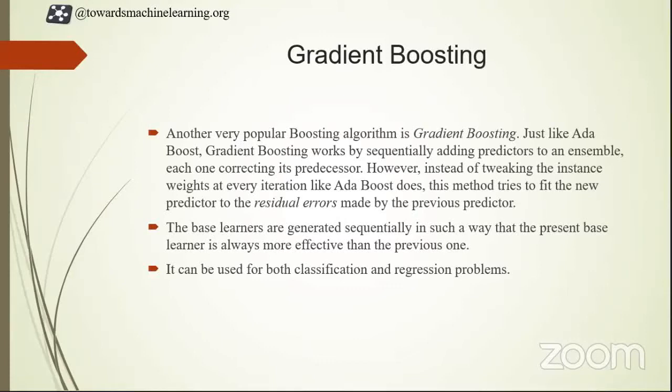The key idea is to set the target outcomes for this next model in order to minimize the error. You will understand more about this algorithm as we discuss its working. Again, it can be used both for classification and regression problems.